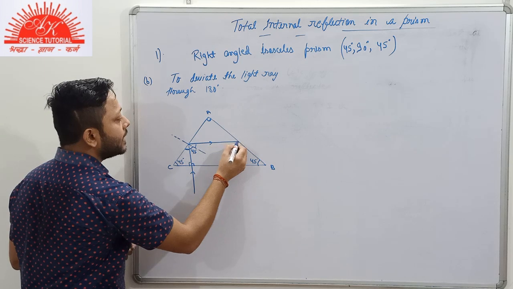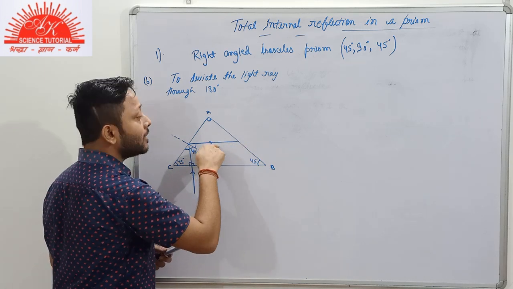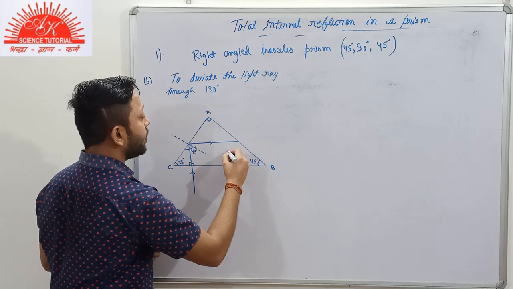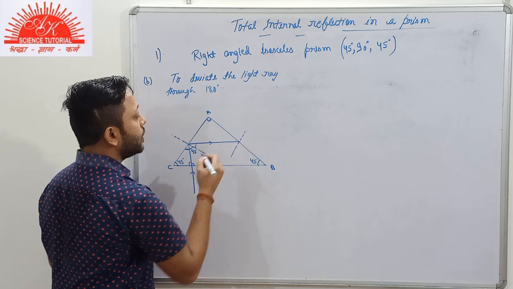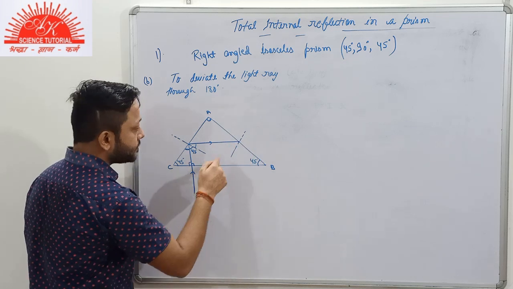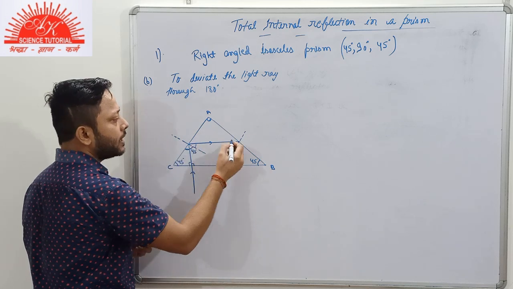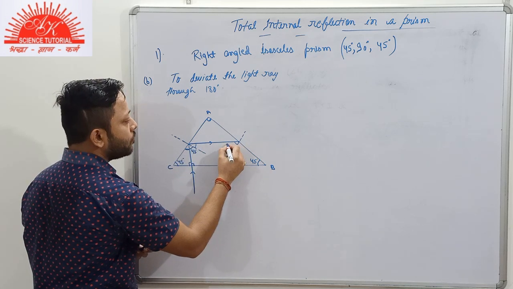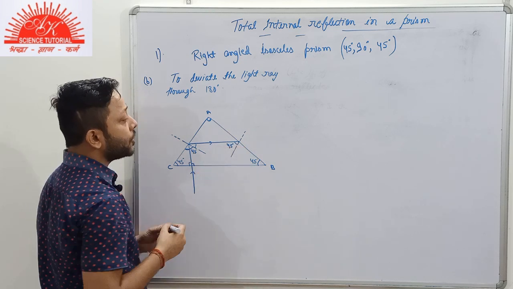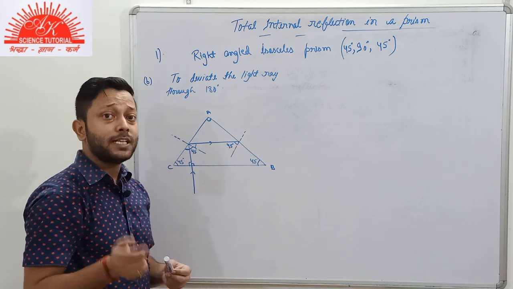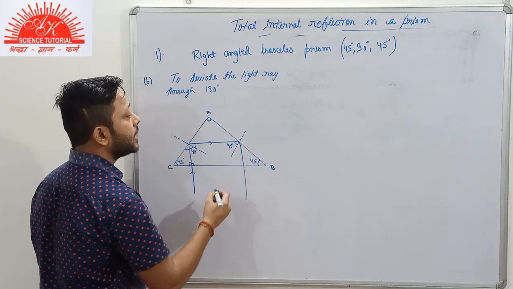Now when this light ray strikes this surface, again it has to travel from denser to rarer medium. Again we will find the angle of incidence here. So here also, as you can see, similarly you can find it, this will also be 45 degrees. And if this is 45 degrees, again the angle of incidence is greater than the critical angle, so again total internal reflection will take place.